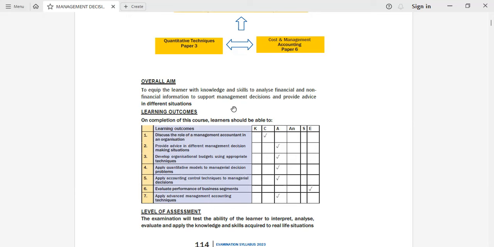We are going to look at these advanced management accounting techniques because they also form a topic of their own within this MDC paper.